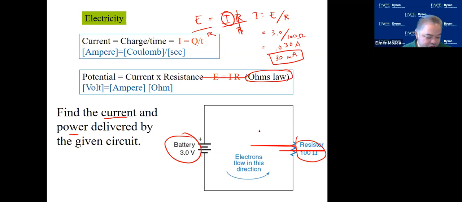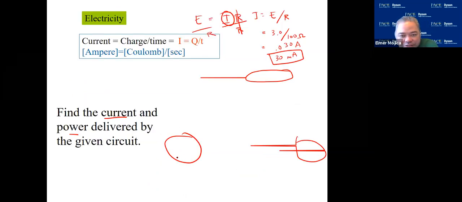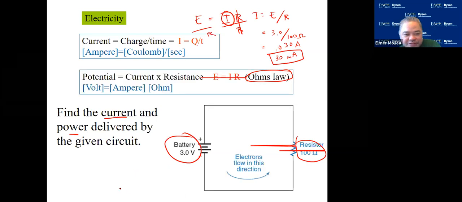Now, how do we solve for the power? So we go back to our definition of power in the previous slide. So power is just E times current. P equals E times I. So all we need to do, you have 3 volts times 0.030 ampere.